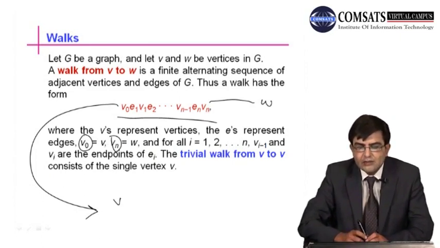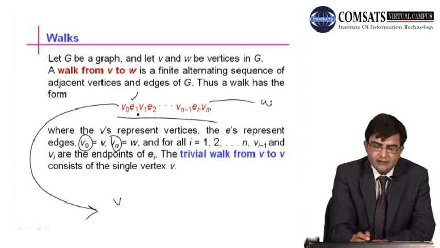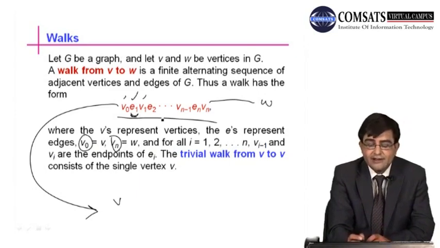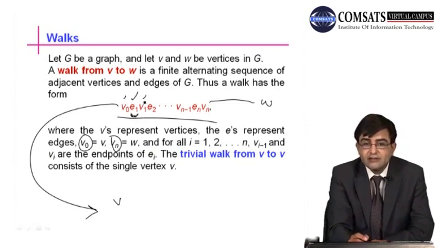And for all i equal to 1, 2, and so on, n, vi minus 1 and vi are the endpoints of ei. Basically, if you write an edge here, e1, then v0 and v1 must be the endpoints of e1. You cannot write an edge e1 such that its endpoints are not v0 and v1.